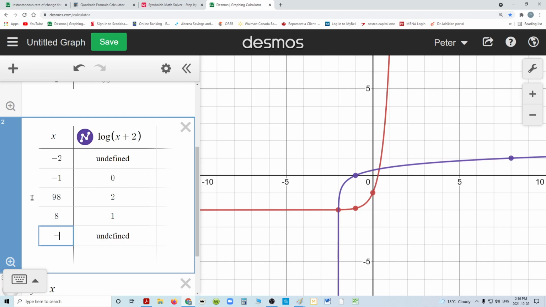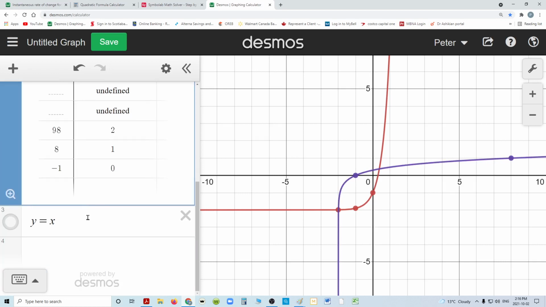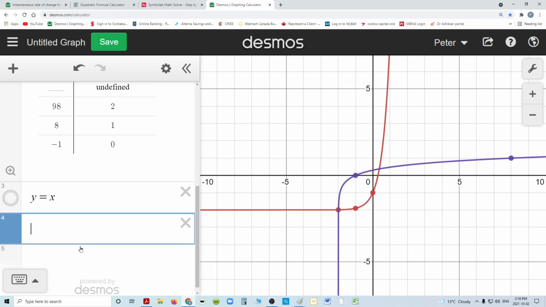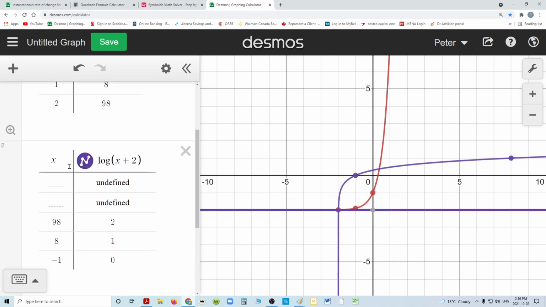And what was another one? -1. You can see we get very clear numbers. Easier to map like that. So I did indeed get it right. Now I'm also going to put in the asymptotes here. There's the asymptote for the red line. And I'll turn off the purple just to show it.